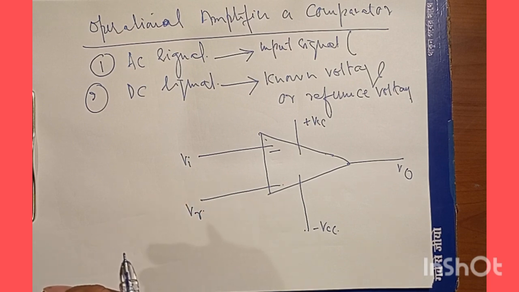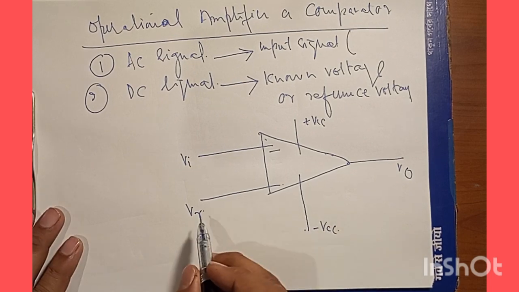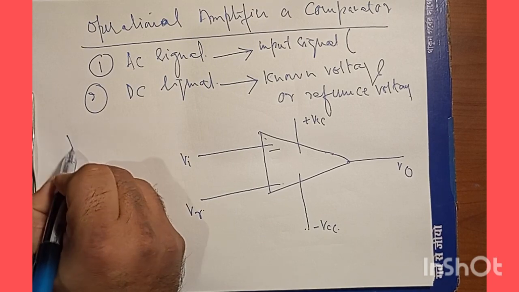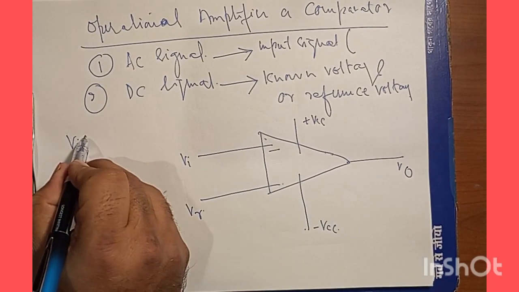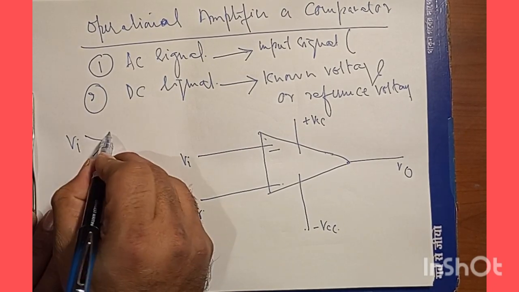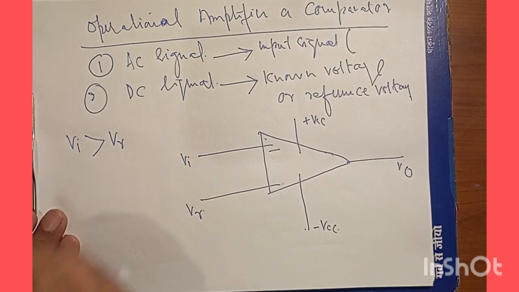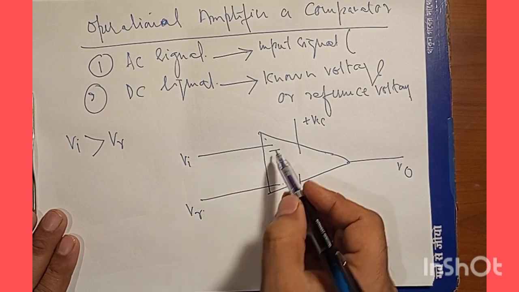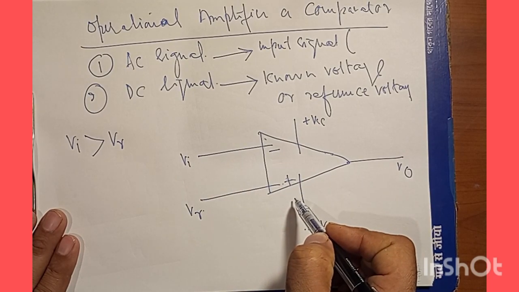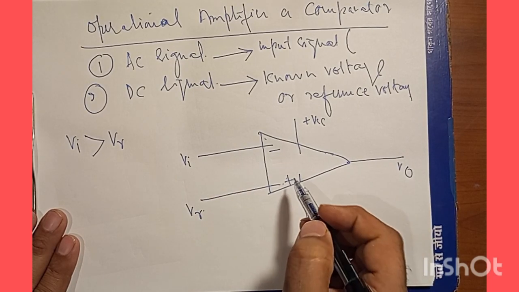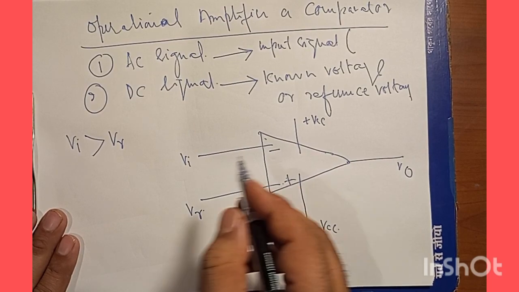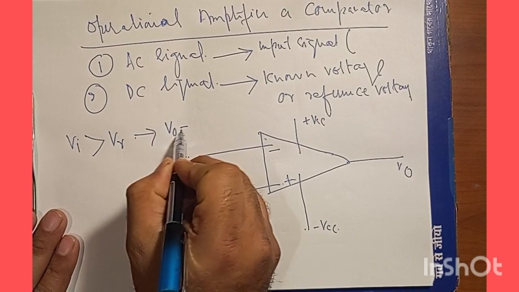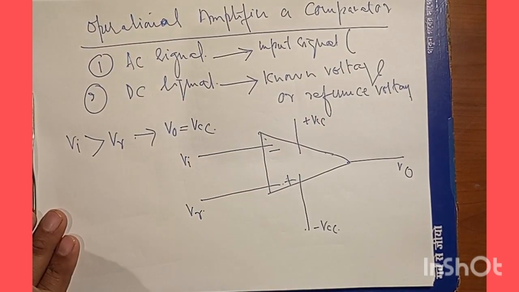If I say this VI is greater than VR, then obviously the negative part will be large, right? So in that case, the output will be VCC.